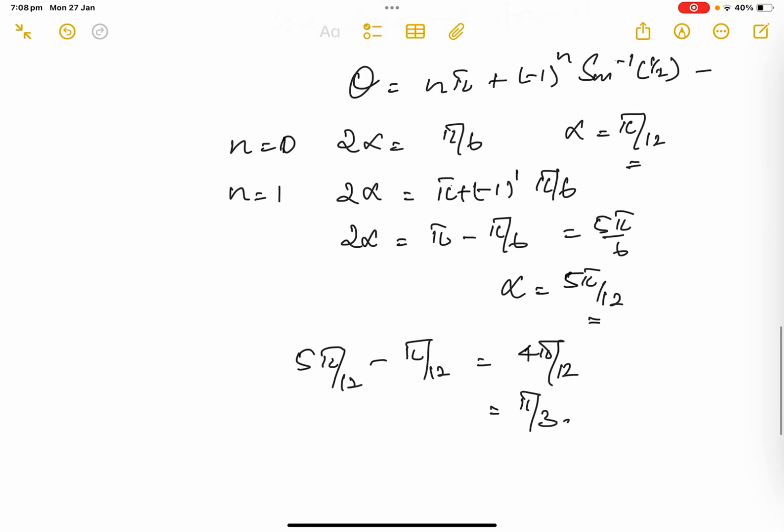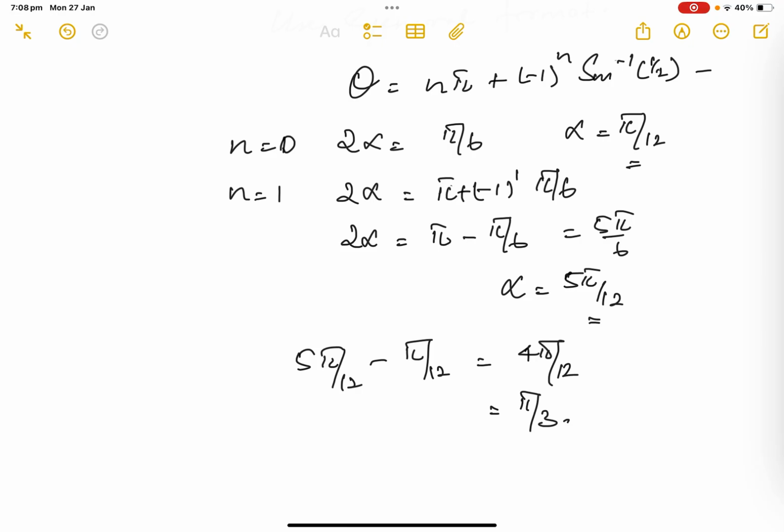What the question says is that there are two values. See whether these two values are acute angles, between pi by 2 and 0. Yes, pi by 12 is 15 degrees. It's less than 90. Again, this 5 pi by 12 is 75 degrees.